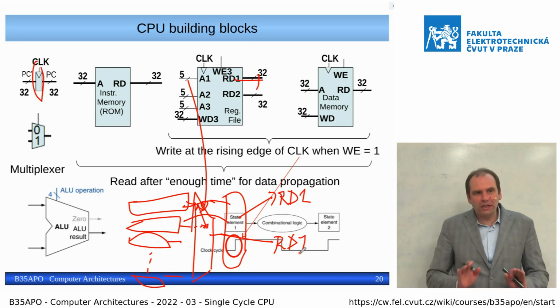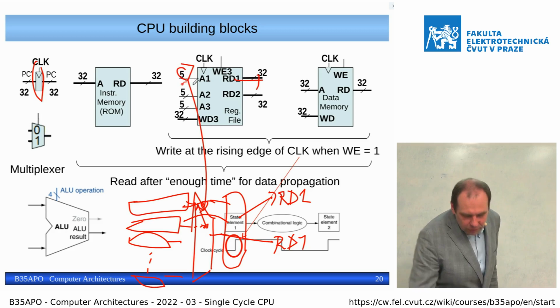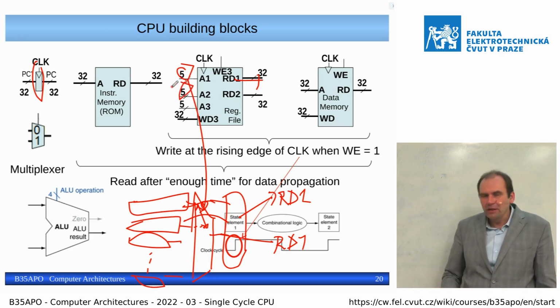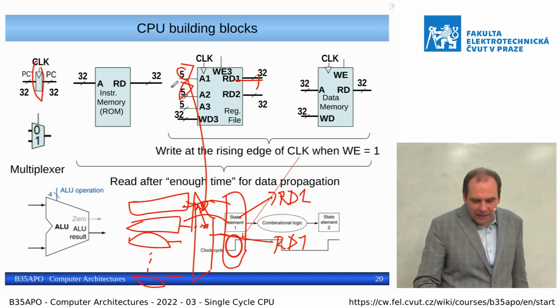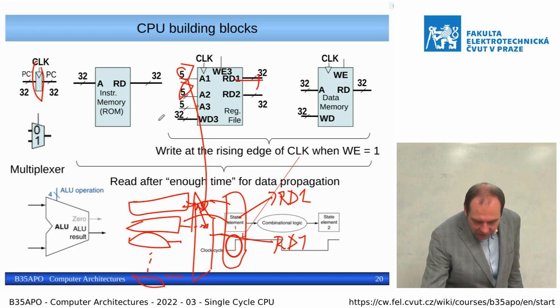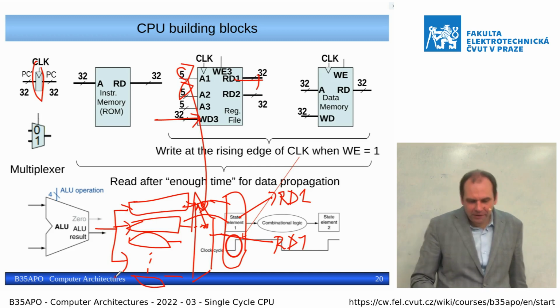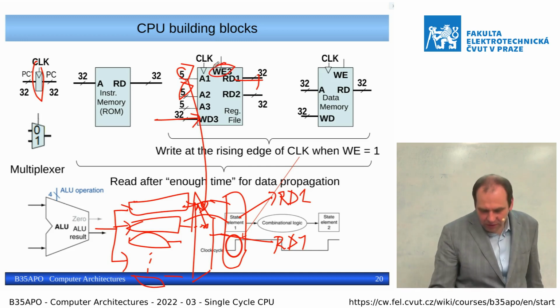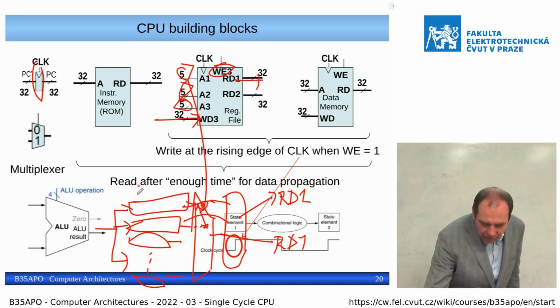It is a combinatorial circuit. We provide 2 5-bit values here, and we get data. But we want to store a value even to the register, and it is done such a way that we take the write data value, bring it to all the registers, but enable the write conditionally by the 5-bit address only for the single register.